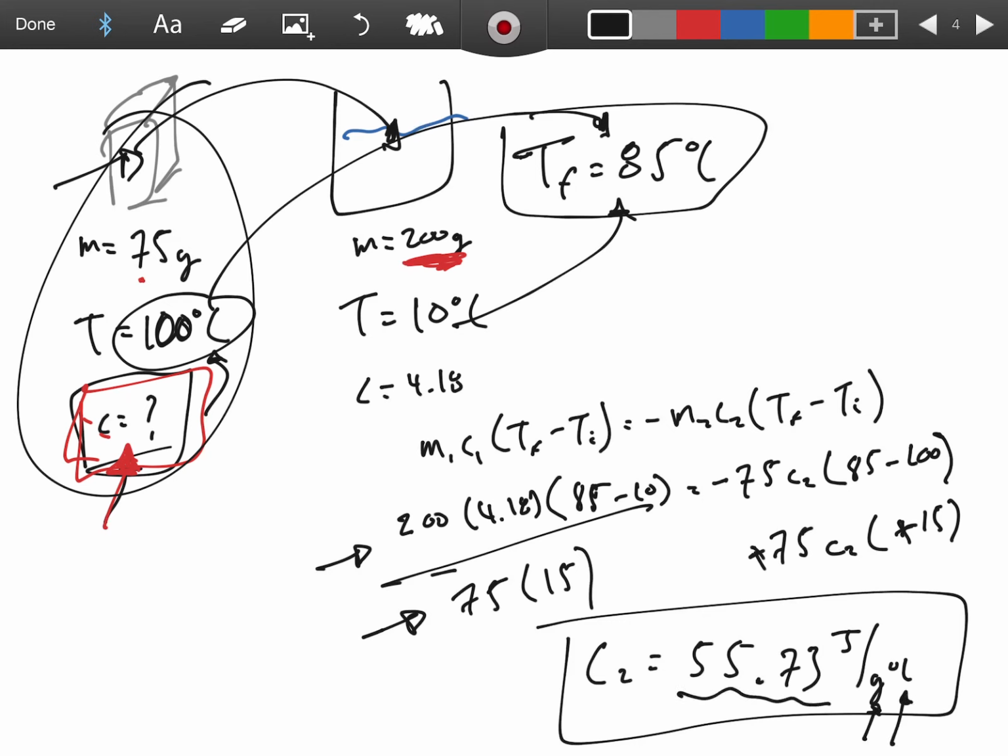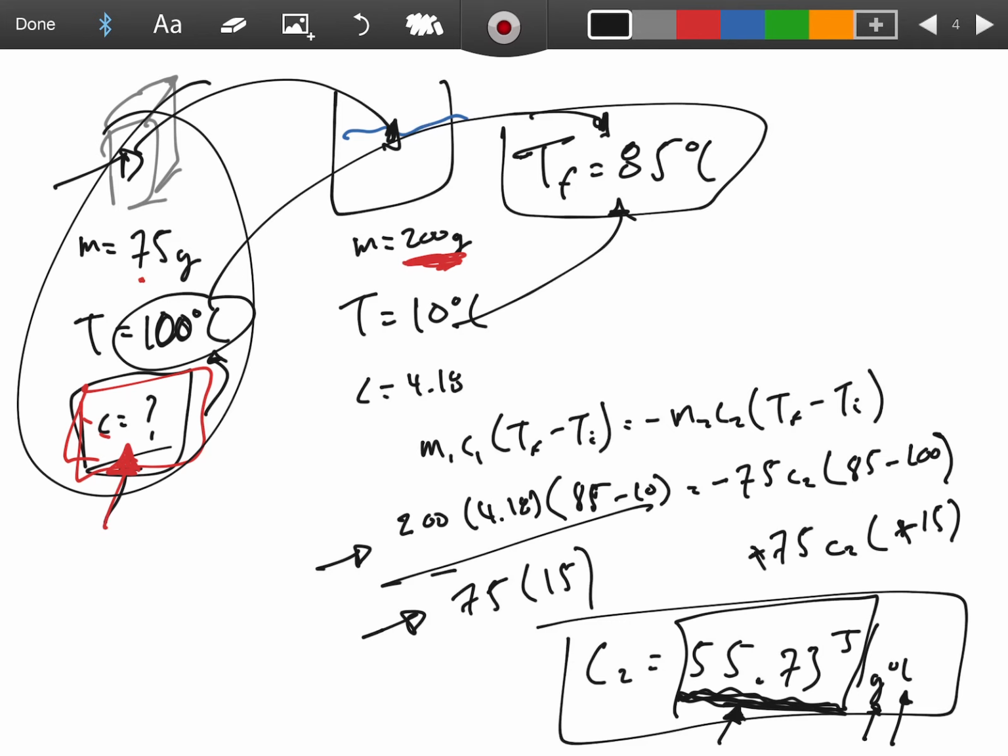Water is not the highest, but it is one of the highest specific heats of any quantity. And so for something to have a specific heat that's that much larger than water's, and it being solid, which poses another problem that is a little bit beyond the scope of this course, this is an unrealistic specific heat in the real world, but for the imaginary numbers that I made up, it's fine.